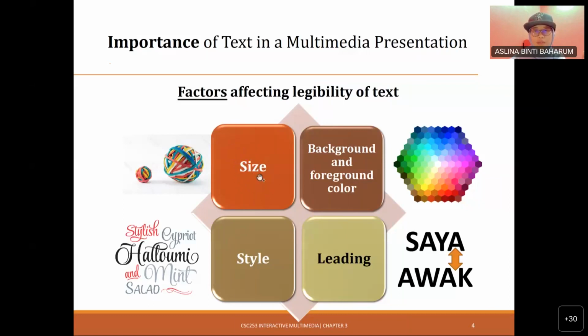The first one, orange with white font color. Can you read it? The first one. Can. How about the second one? Brown, and the text is white. Can? Can also. Okay, how about the third one? What is this color?